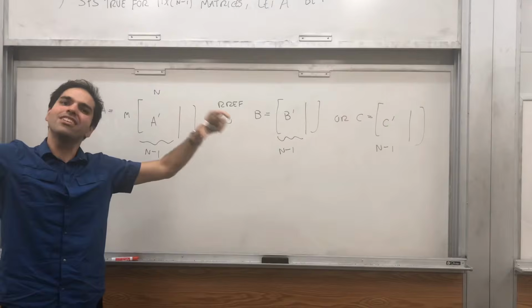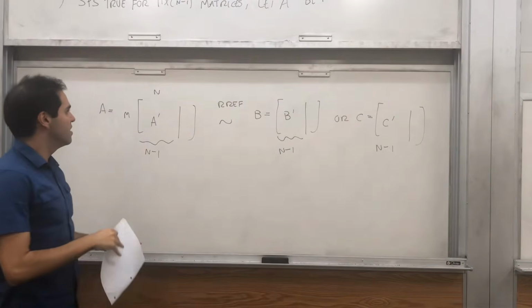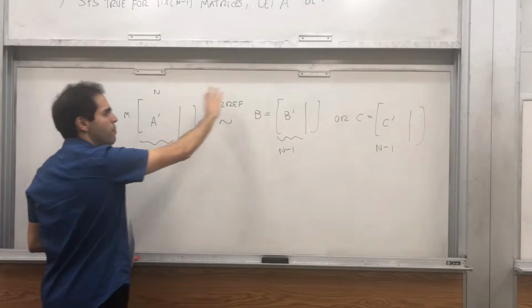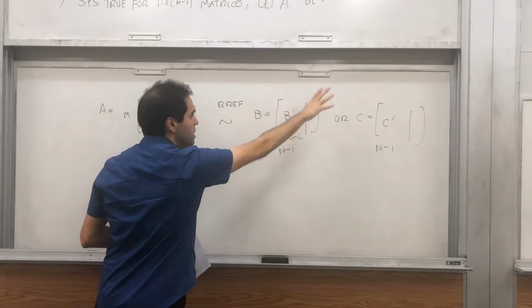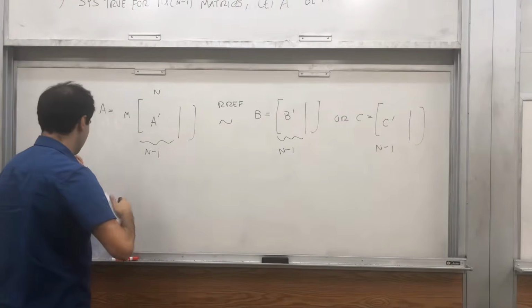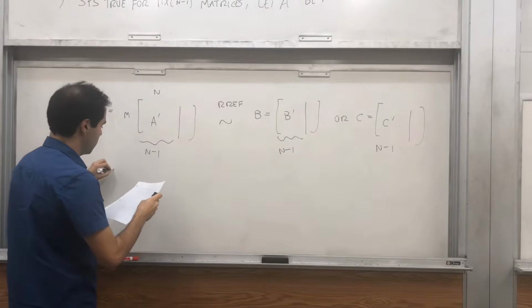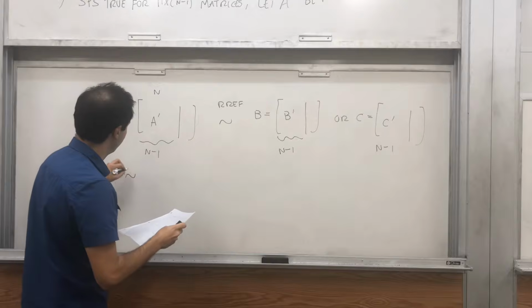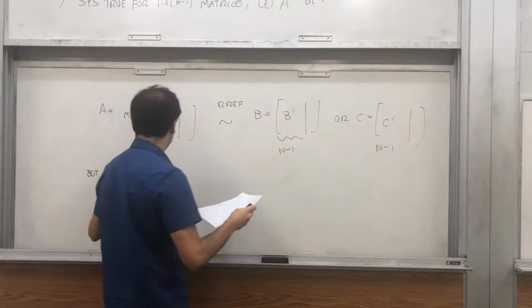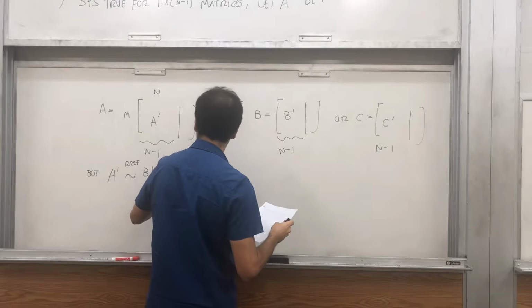So really you can just apply the same process and get that A prime has RREF B prime or RREF C prime. Basically, if you row reduce A prime, it becomes B prime or C prime.